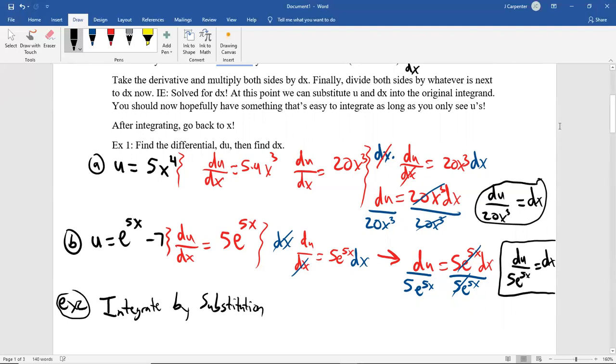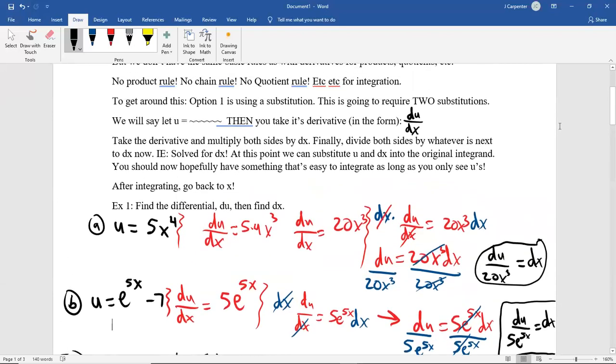So let's again look at this process as a whole. We'll say let u equal something. I haven't told you what to let u equal, because we're going to do it right and then we're going to do it wrong. So once you figure out what your u is, you take its derivative and solve it for dx.